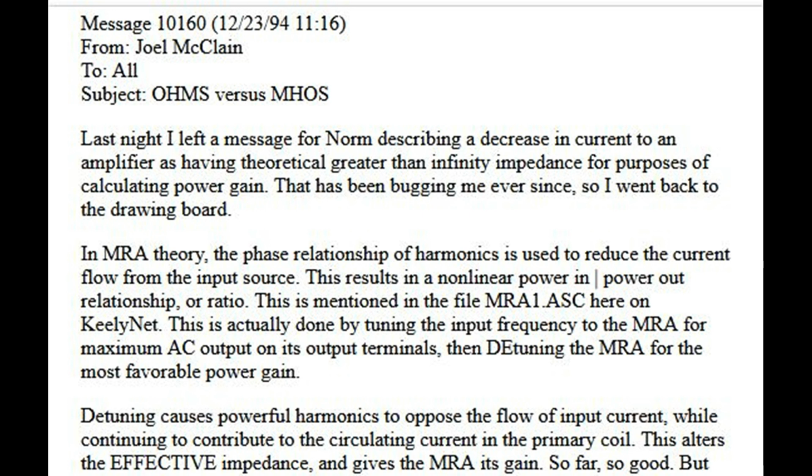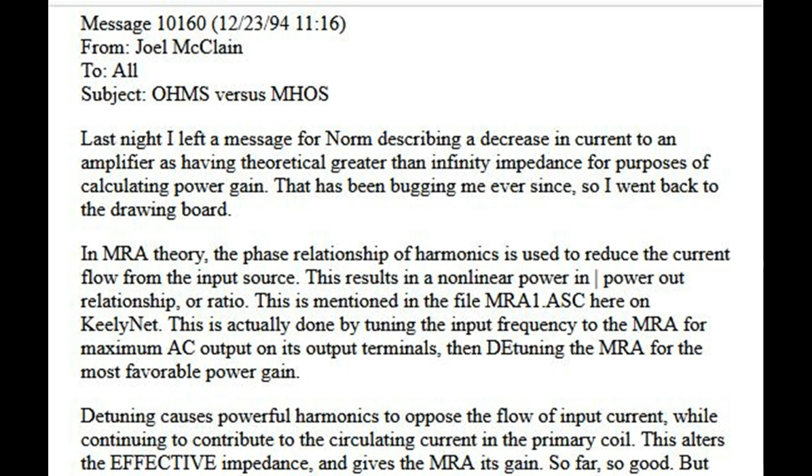This is mentioned in the file MRA1.ASC here on KeelyNet. This is actually done by tuning the input frequency to the MRA for maximum AC output on its output terminals, then detuning the MRA for the most favorable power gain. Detuning causes powerful harmonics to oppose the flow of input current, while continuing to contribute to the circulating current in the primary coil.